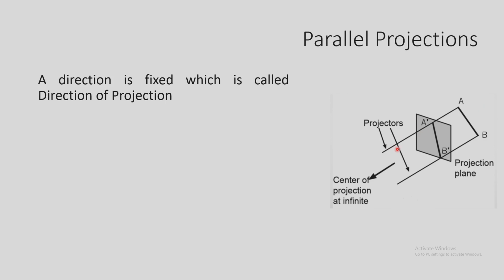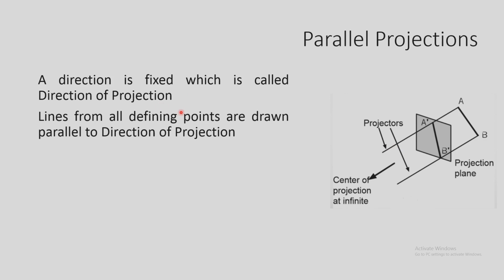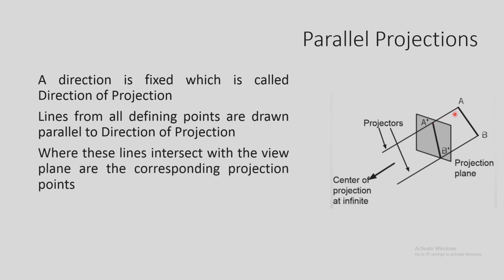So any number of defining points may be there. All the defining points have a line drawn from them which is parallel to it. After drawing these lines, the view plane is intercepted by these lines at the corresponding points of projection. For example, this line intercepts the plane at A dash.